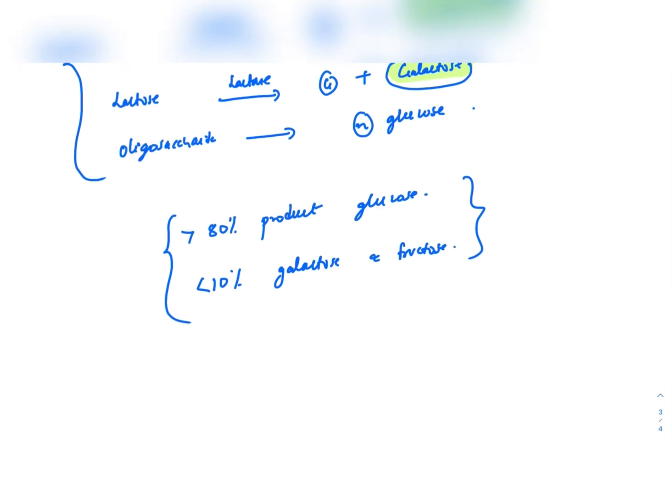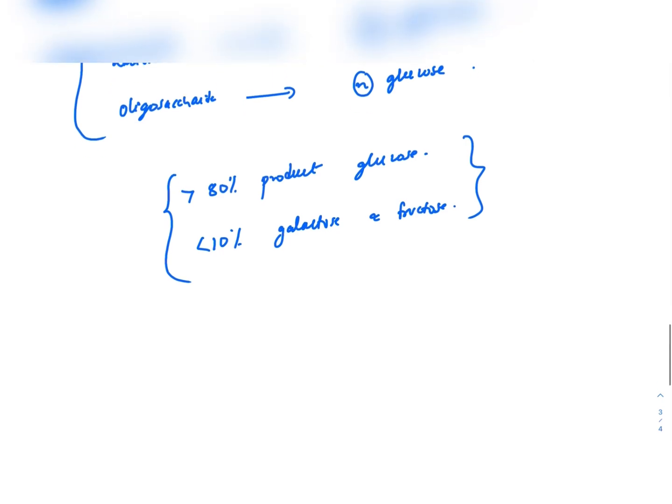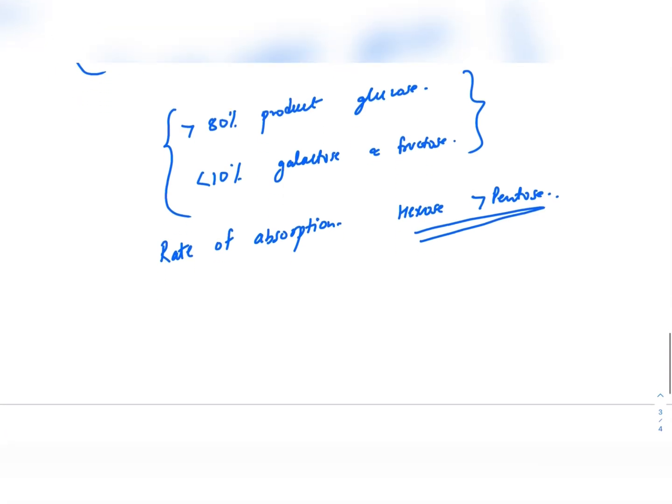Now after complete digestion, they need to be absorbed. If you see the rate of absorption, it will always be higher for hexose sugar when compared to pentose sugar.